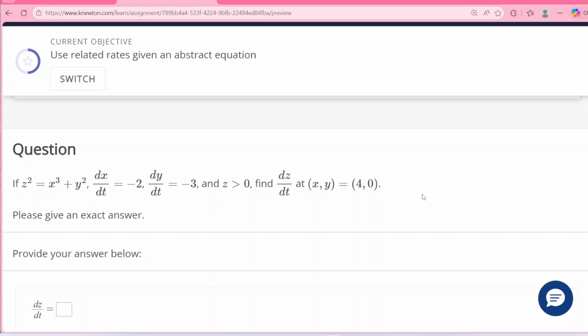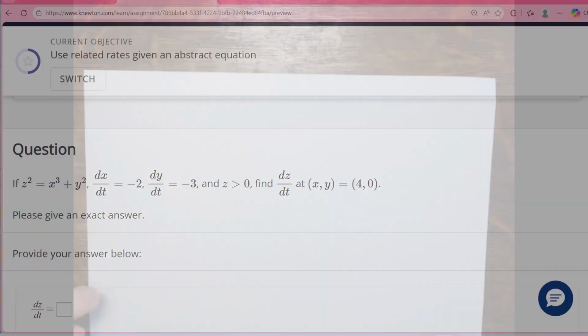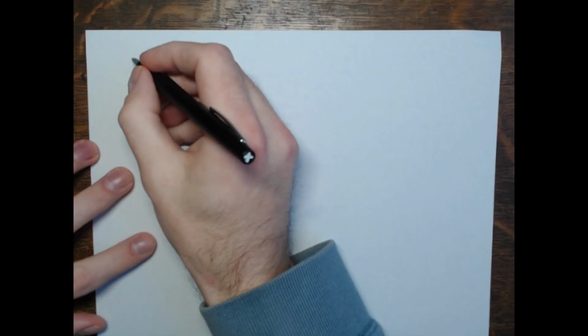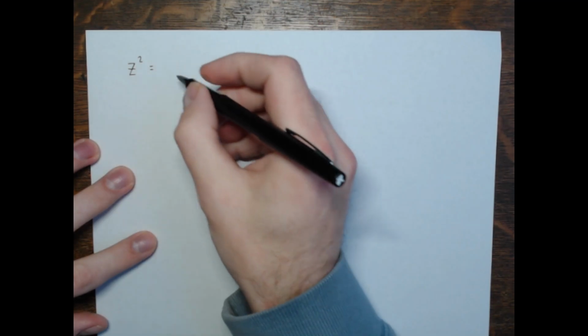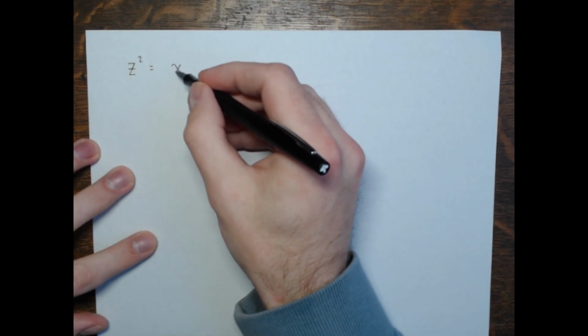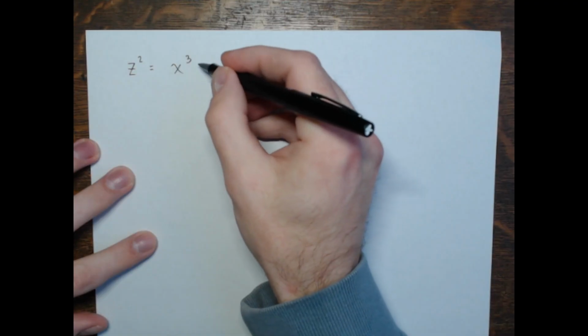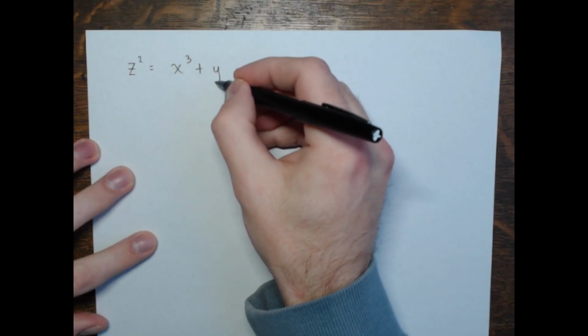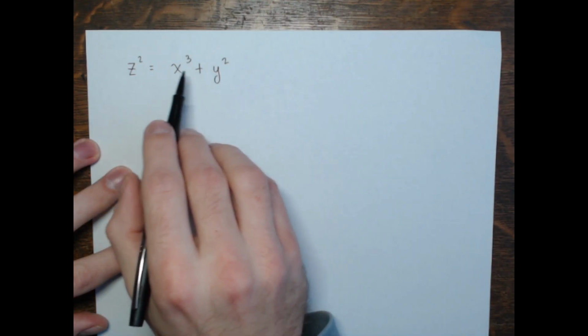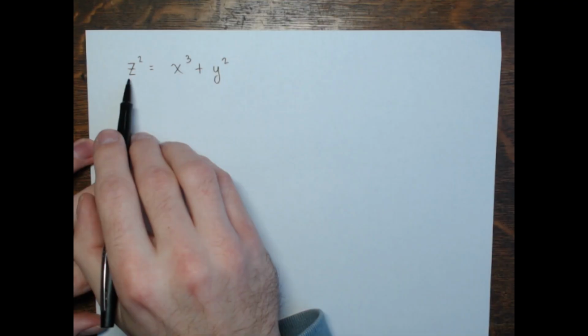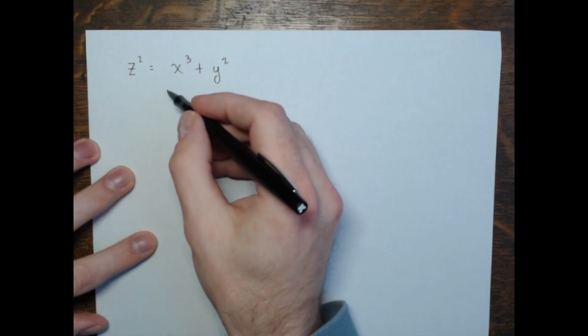So, starting with a generic equation, a formula involving these x, y's, and z's: z squared equals x cubed plus y squared, and x and y and z all depend on this other variable called t.